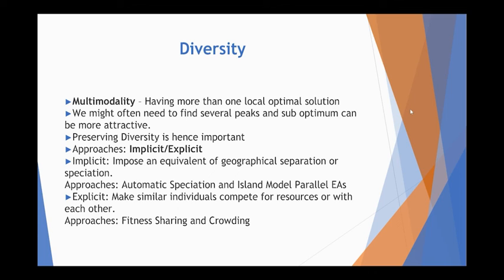The approaches to preserve diversity are of two types. One is implicit and the other is explicit. The implicit method imposes an equivalent of geographical separation or speciation. Examples of the implicit approach are automatic speciation and island model parallel EA.